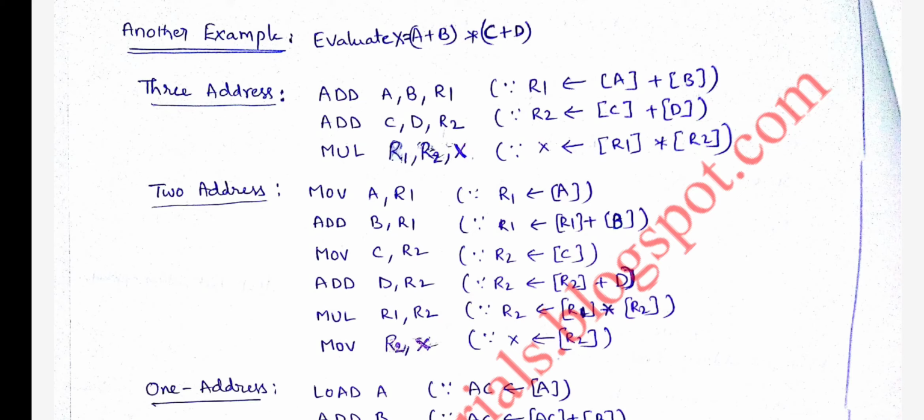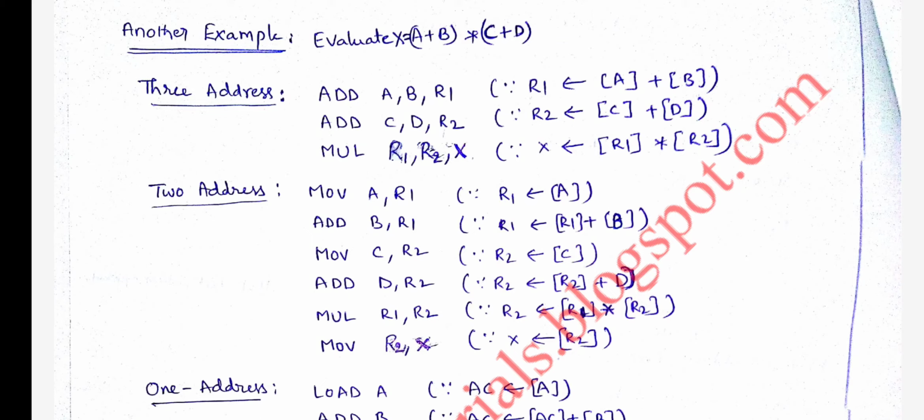See A plus B first and then C plus D, and then we have to apply multiplication between the results of A plus B and C plus D. So first add A comma B comma R1. We add the contents of A and B and store the result in R1 register, right? See, already we have an example.